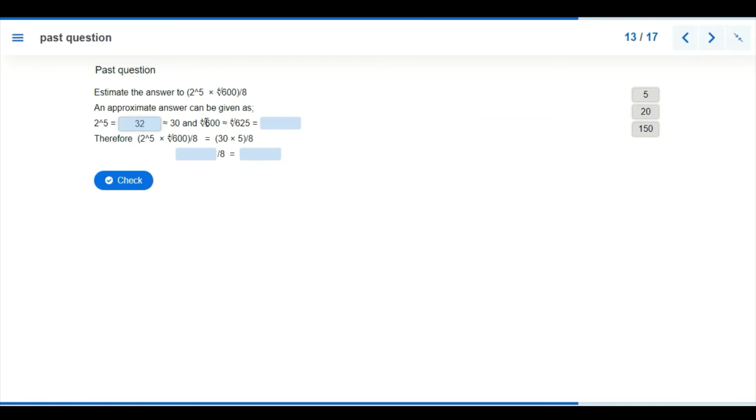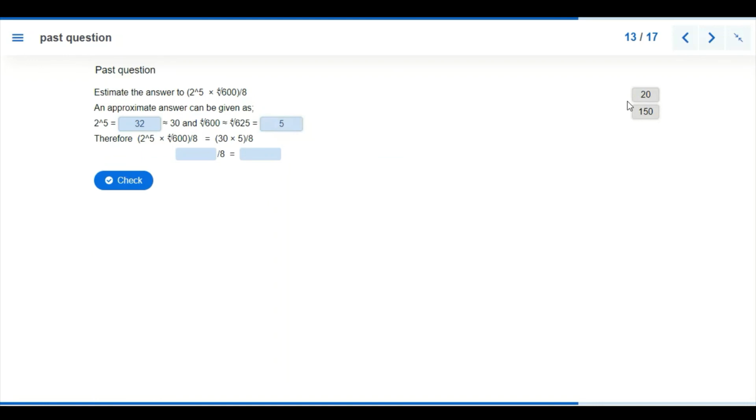Now the fourth root of 600. This is not possible, so we look at the possible value, which is 625. By the time you have 625, the fourth root of 625 will give us what? I think it should give us 5. That is 5 in 4 places.